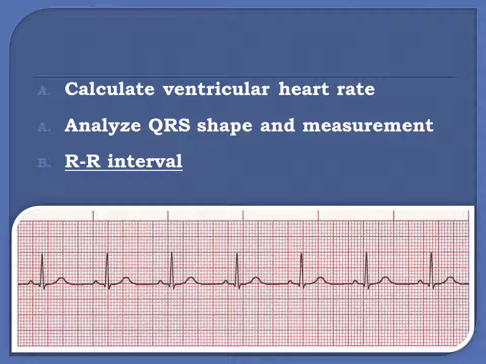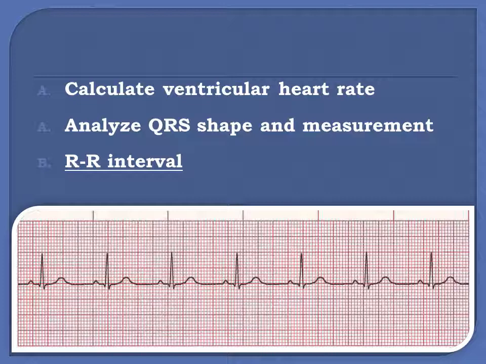The QRS represents ventricular depolarization. The normal QRS measures 0.04 to 0.12 seconds, or if you consider boxes, then it should be 1 to 3 small boxes on ECG graph paper.